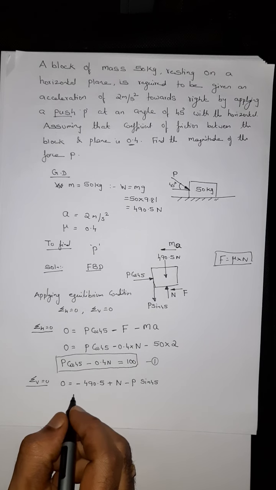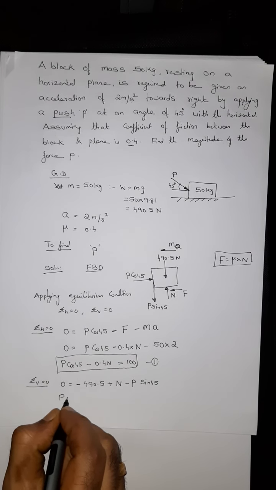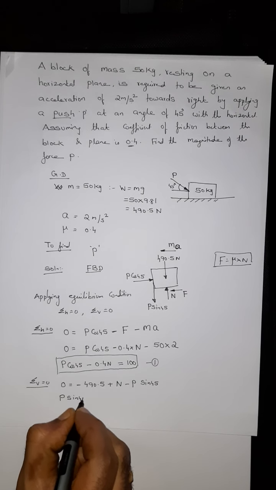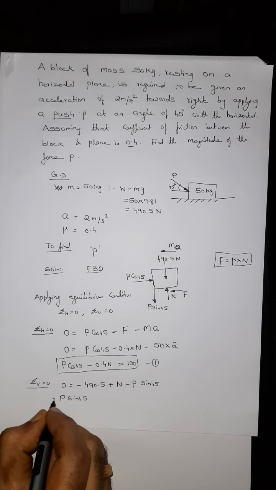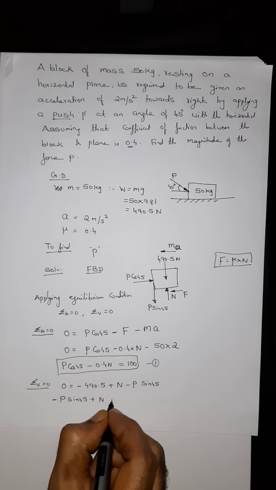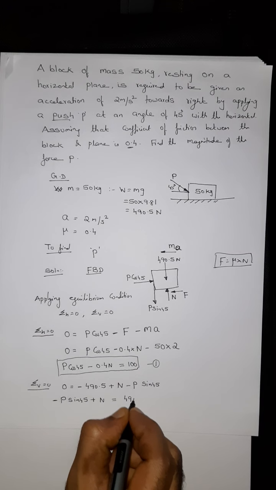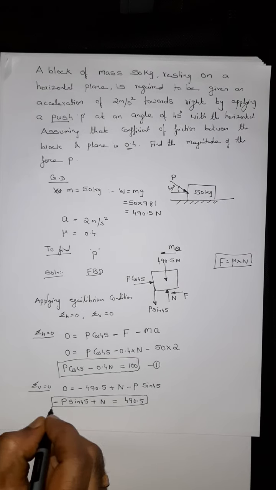So this can be written as P sin 45 minus P sin 45 plus N equal to 490.5. Equation number 2.